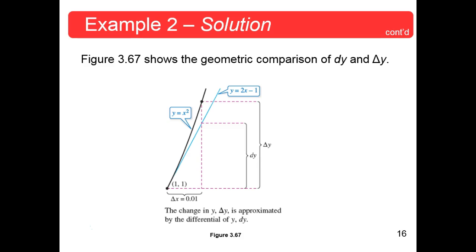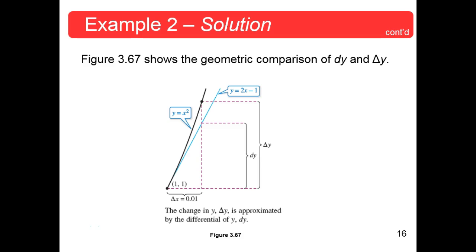That would have been 2.02 because of x plus 0.01. That would be 1.01 times 2, which would be 2.02, minus 1, which would be 1.02, okay?